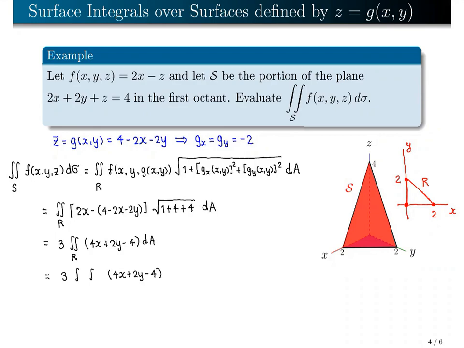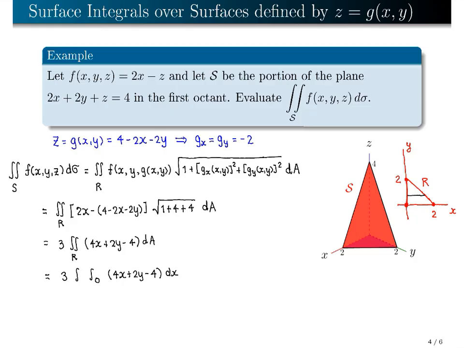If we choose to integrate first with respect to the variable x, we get dx, where x starts from here, where x is equal to 0, to the x of the hypotenuse of right triangle R. The hypotenuse of right triangle R is located here in this figure, and this line is exactly the xy trace of the plane with equation 2x plus 2y plus z equals 4.